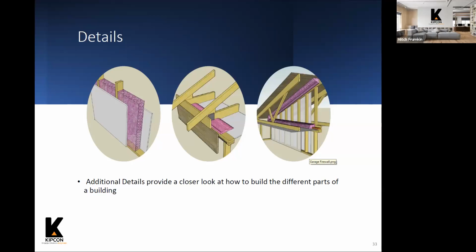And again, just like we saw callouts in the plan view to different wall sections and different sections through the buildings, there are also references in the drawings to these finer details on how to construct and assemble things.